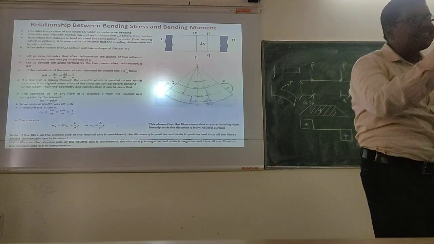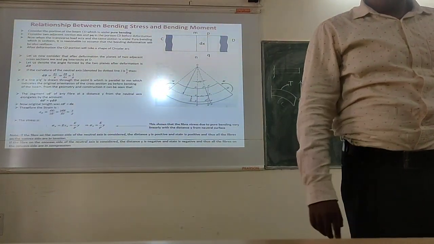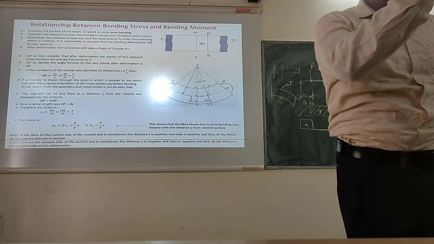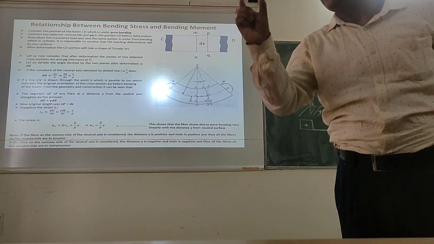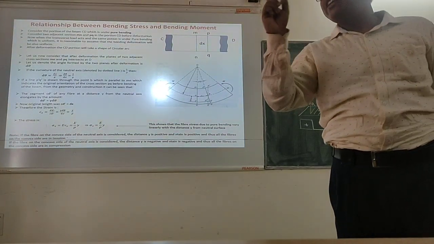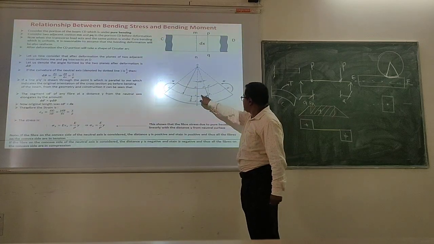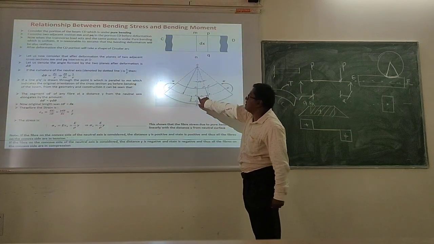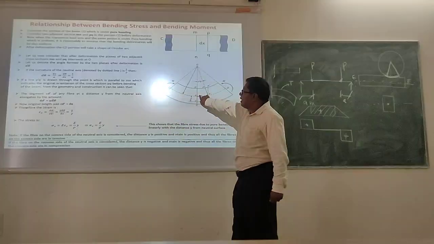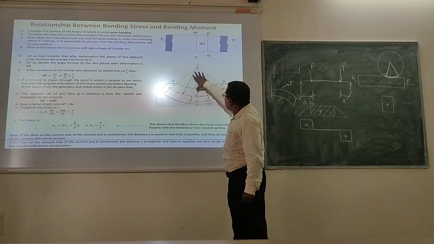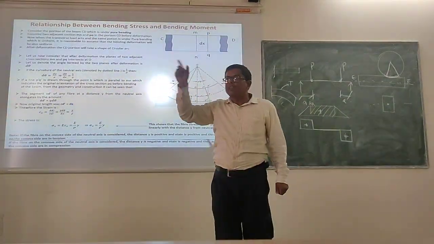At the neutral axis level, the length between MN and PQ is dx, because it has not extended. Other places it will extend, but at the neutral axis it will not extend. So that's why it is dx. In this neutral axis we have taken this length as dx. So dx is equal to rho d theta.